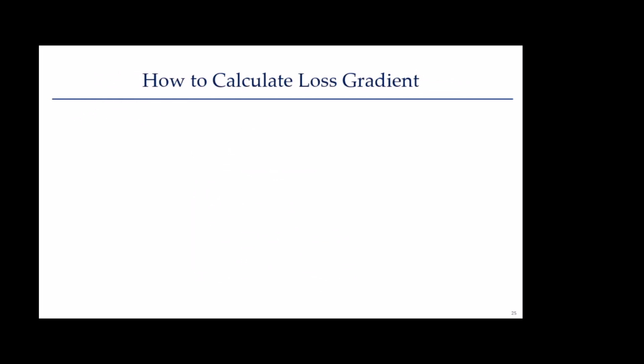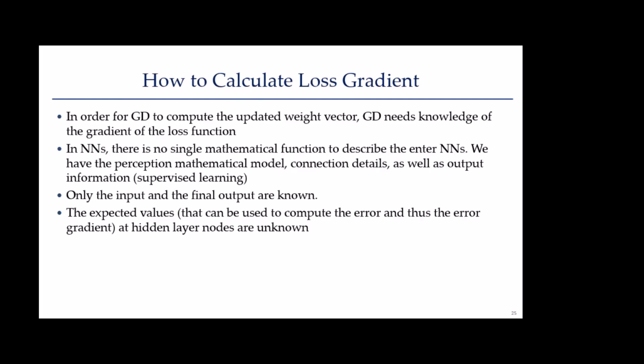So far we talked about how gradient descent works, and it's very important to know that gradient descent requires calculation of the gradient of the loss function. However, in a DNN, we don't have a loss function or a formula for a loss function.